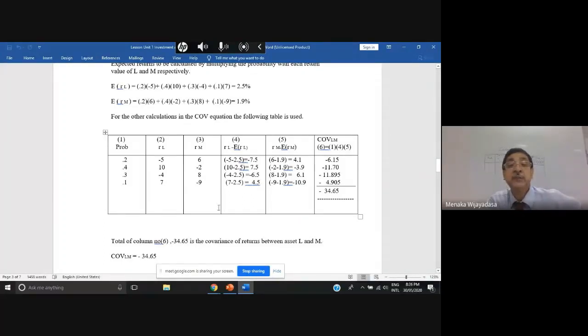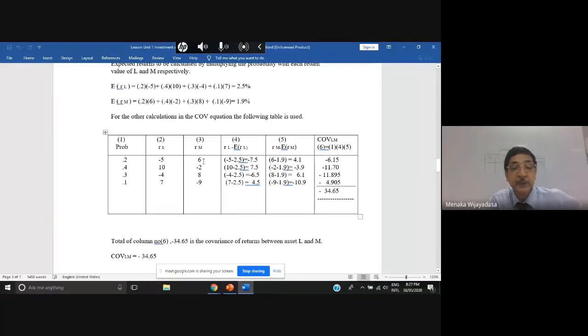Now you just look at all the columns. As per the state of nature, the probabilities are given as 0.2, 0.4, 0.3 and 0.1. RL, without the percentage mark, I put in the second column: minus 5%, 10%, minus 4% and 7%.